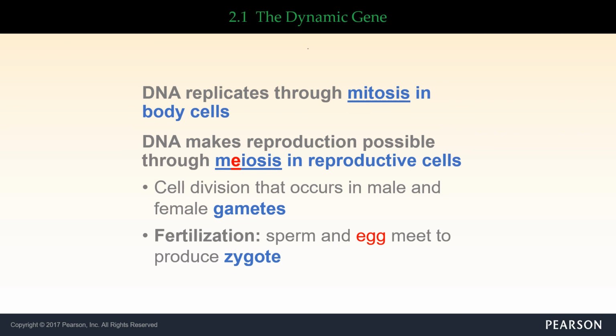Cell division that occurs in male and female gametes, and fertilization happens when the sperm and the egg meet to produce a zygote. So our body cells replicate themselves through mitosis, and our reproductive cells use the process of meiosis with an E.